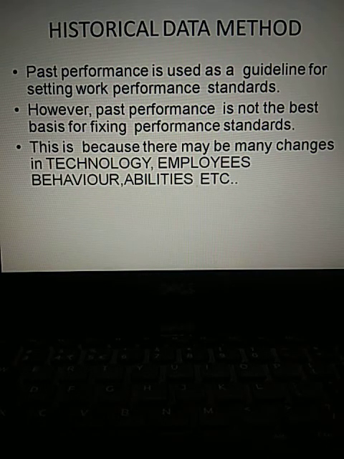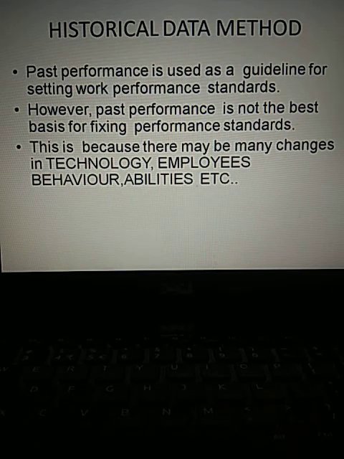But when you ask the same employee to do the same work in the afternoon, you will get altogether different records, because of external factors and employees' behavior. So these things always change. Hence, most of the time, historical data is not a dependable method to find out work measurement.